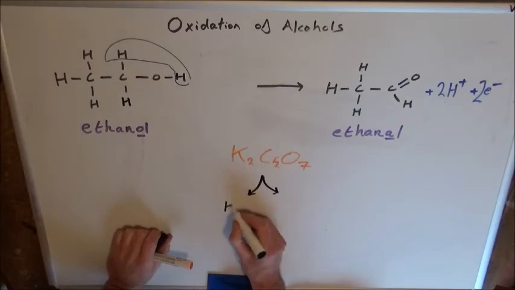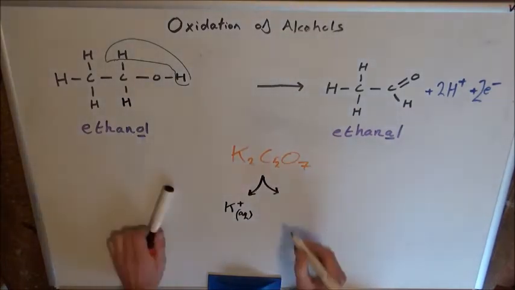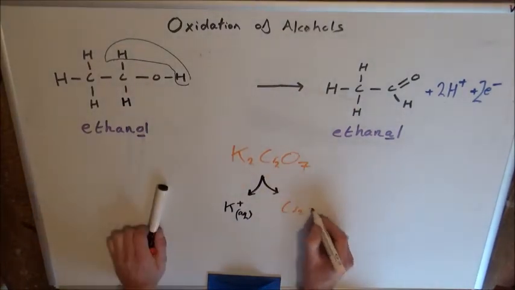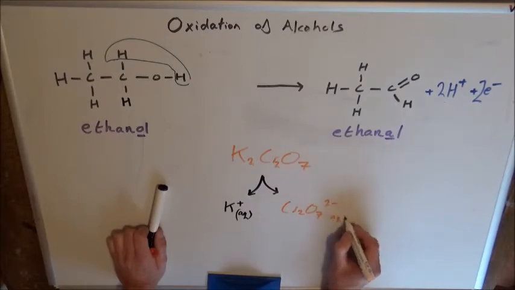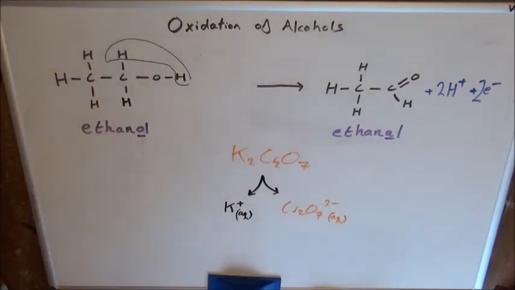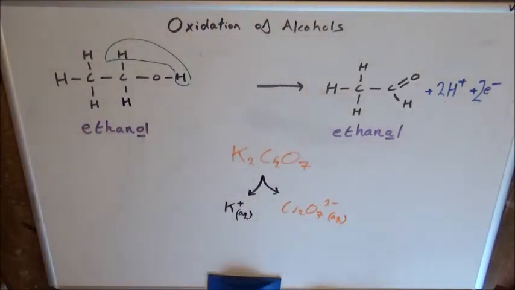Now, potassium ions, when dissolved in water, of course, are colourless. But the dichromate(VI) ions, so that's Cr2O7 2- aqueous, they are responsible for the orange colour. So this is what you are seeing when you see this orange colour, and this is what you're using to oxidise the alcohol, but it's under acidified conditions.